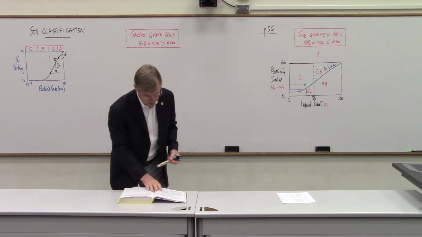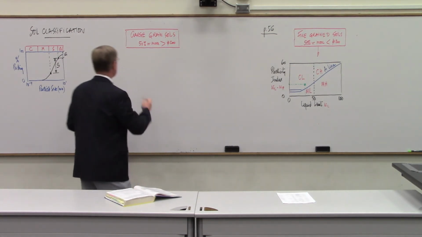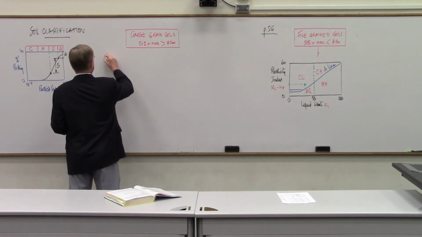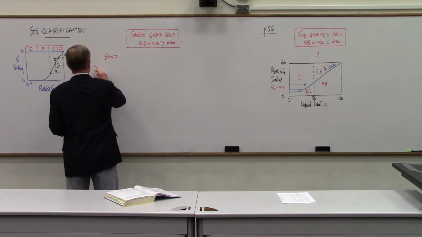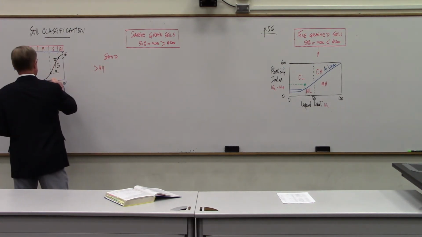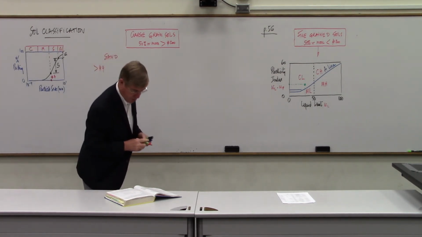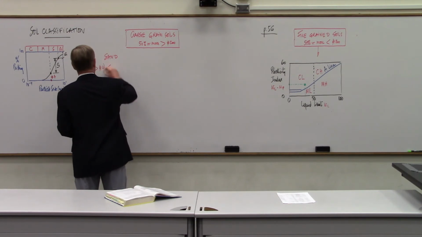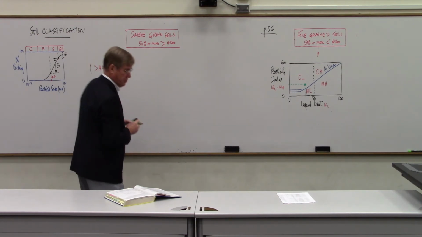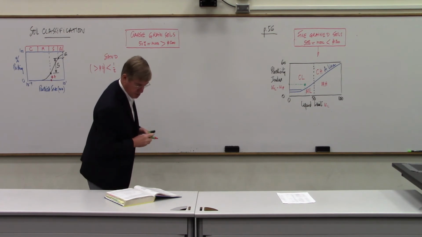So we'll have to translate this into that decision box. So I wrote here sand, if the portion larger than number 4 is less than 1/2 of the portion larger than 200.